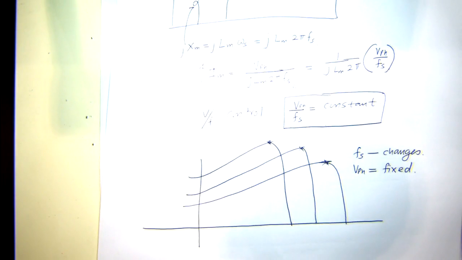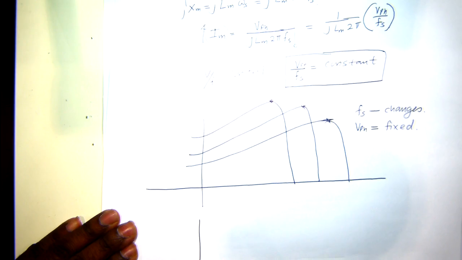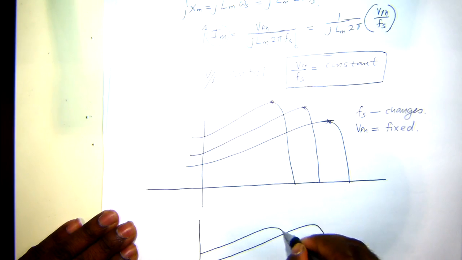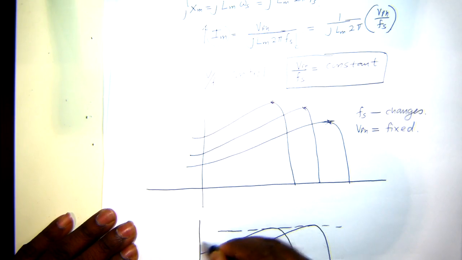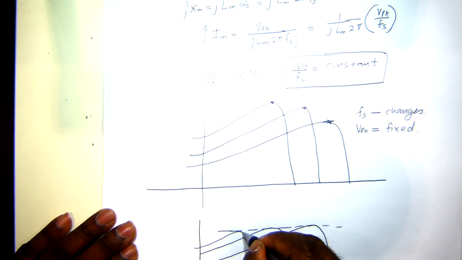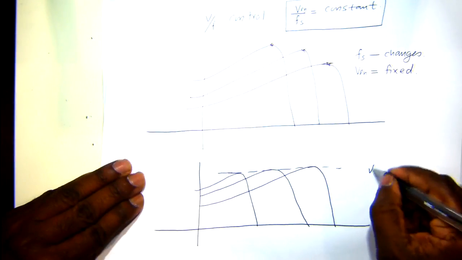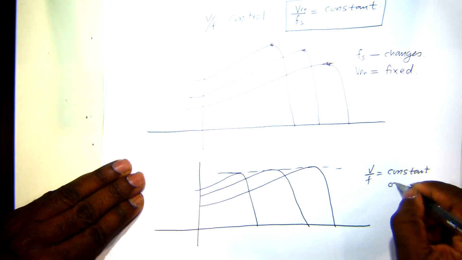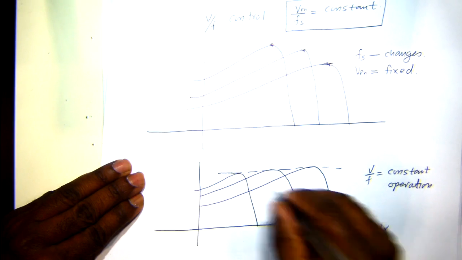But if you were to change phase voltage and frequency at a constant ratio, you'll find that this profile will have roughly the same peak pull-out torque value. So this is for V over F constant operation. This is the speed and torque.